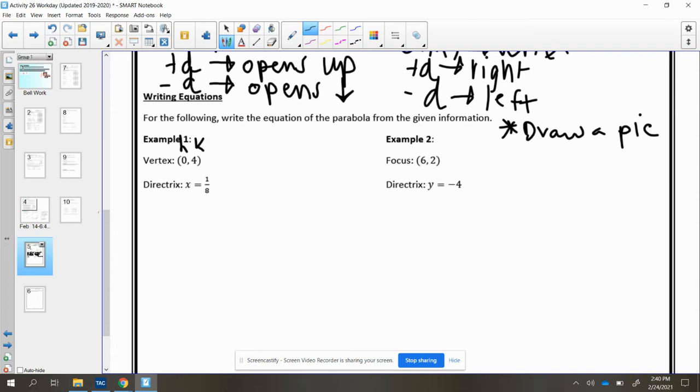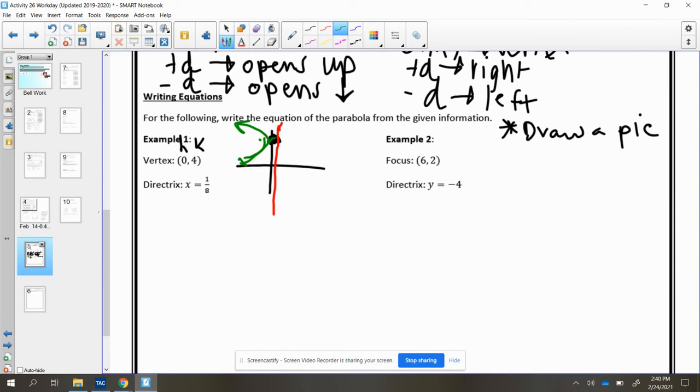And this time, our vertex is at 0 comma 4, and our directrix is a vertical line x equals 1/8. So we're talking real close here to this line. And again, because it's x equals, we know that our parabola opens away from the directrix towards our focus, which would probably be somewhere over here, on this other side.